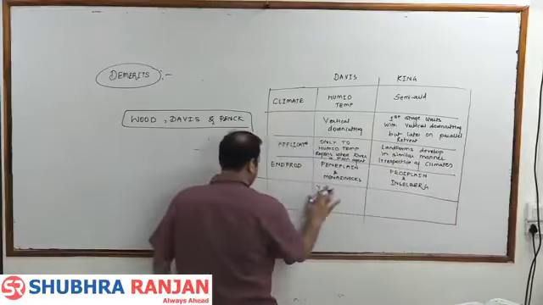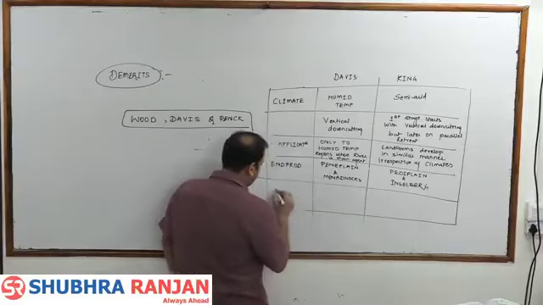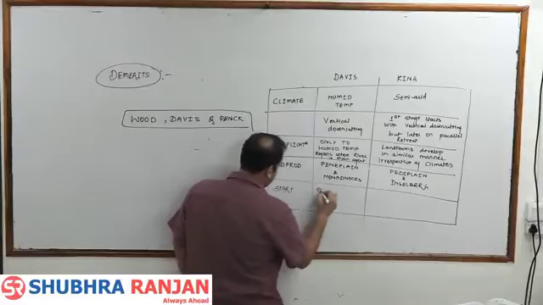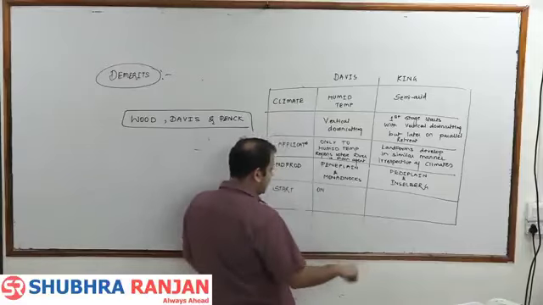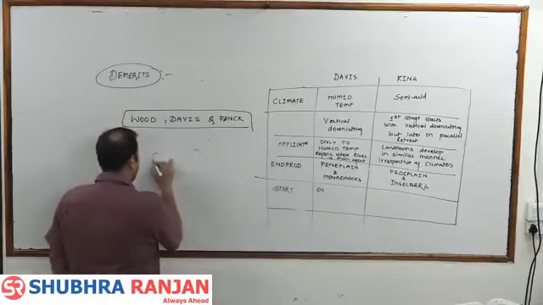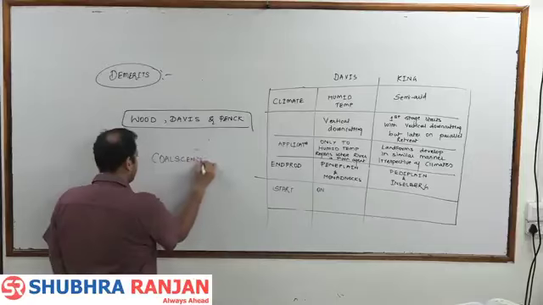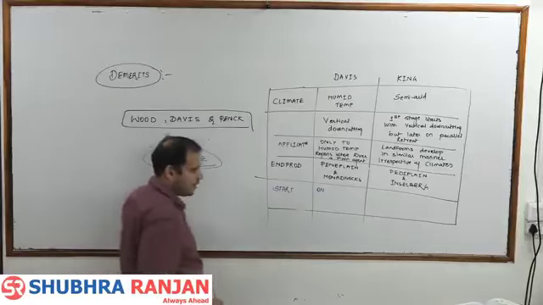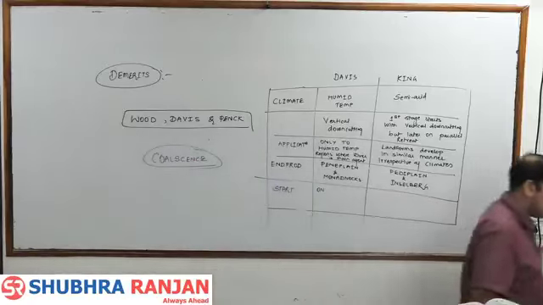While in the King cycle, peneplain is further broken down to form an extensive peneplain by coalescence.